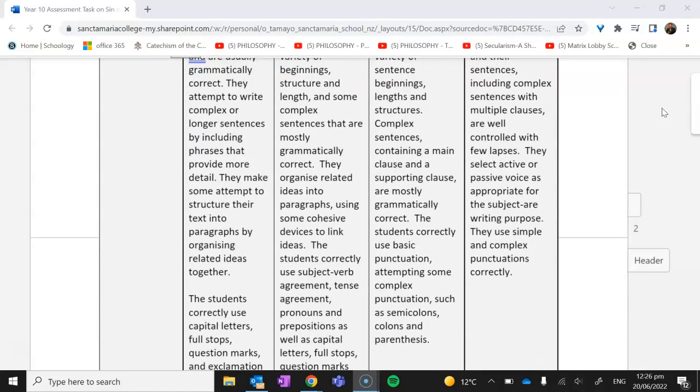They select active or passive voice as appropriate for the subject and writing purposes. They use simple and complex punctuation correctly.